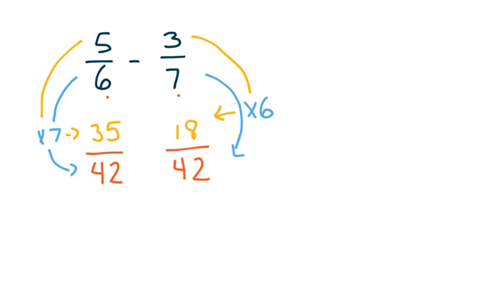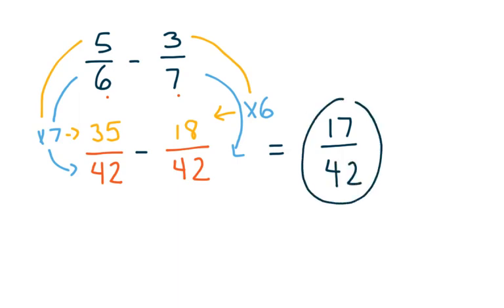Now I've created equivalent fractions that have a common denominator, so now I can perform my subtraction. And I have 35 over 42 minus 18 over 42, which gives me an answer of 17/42.